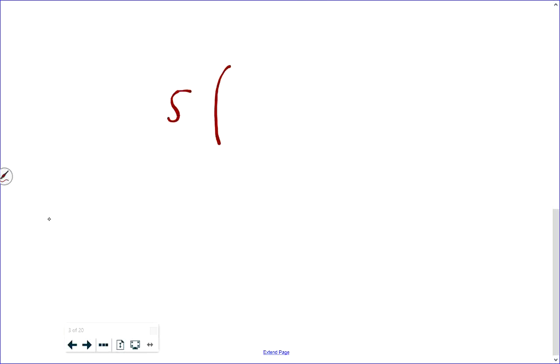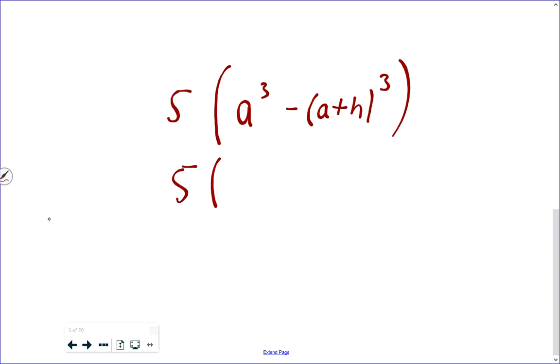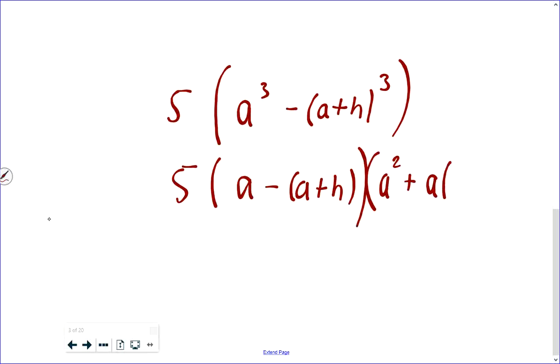I'll rewrite it just so you can see it as a difference of cubes. When you have first thing cubed minus second thing cubed, it factors into first minus second. And then you also have first squared plus first times second plus second squared.